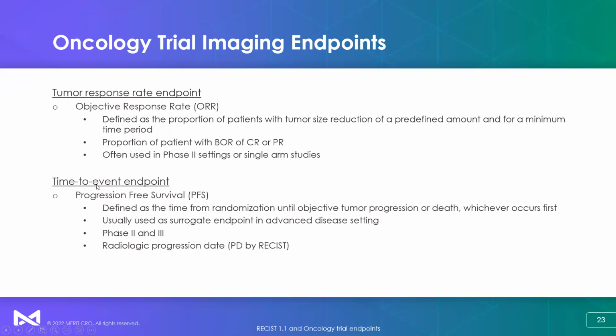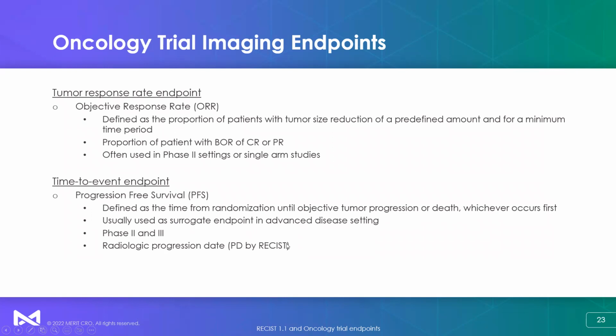For time-to-event endpoints, progression-free survival is a common endpoint where the RECIST 1.1 outcome can be directly used. The definition is the time from randomization until objective tumor progression or death, whichever occurs first. And this tumor progression would be a radiologic progression date defined by RECIST 1.1, commonly used for phase 2 and 3.